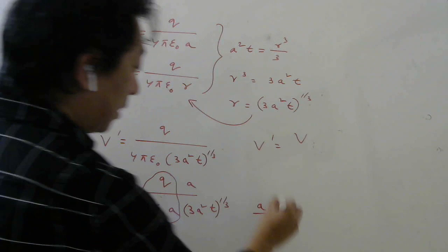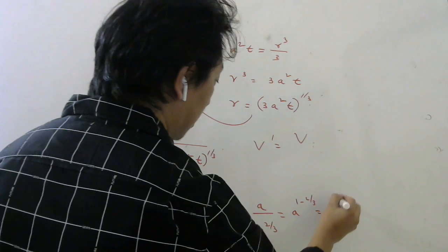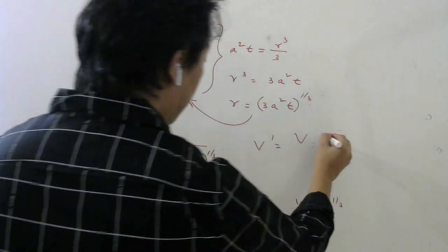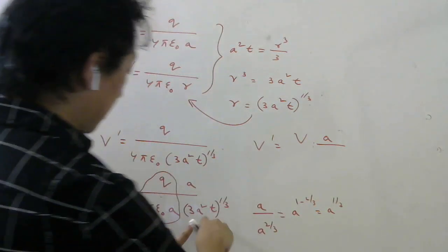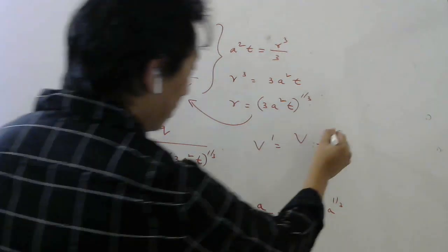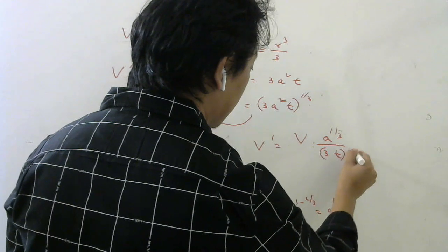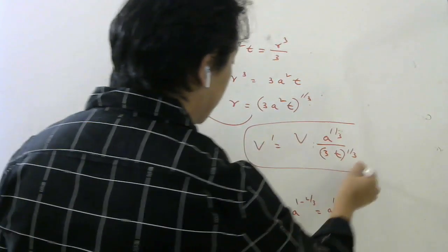If I take 2 by 3 up, it will become A power 1 minus 2 by 3, that will be A power 1 by 3. So in the numerator there will be A power 1 by 3, and in the denominator 3t power 1 by 3. So that will be the final answer.